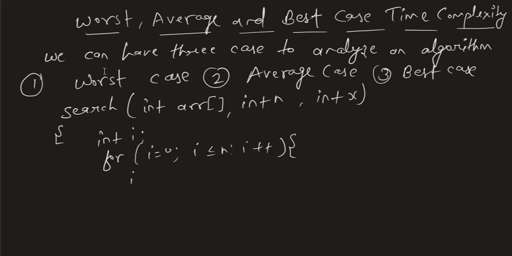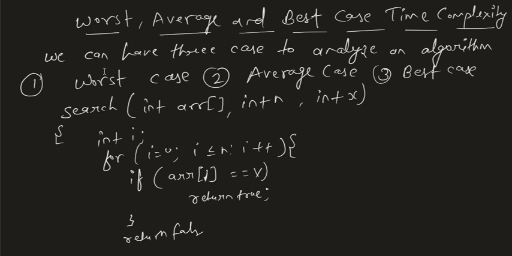So our loop is this: if array[i] equal to x, return true. Else return false. So this is the linear search algorithm, because here we are running our loop from 0 to n and taking a condition, and if array[i] equal to x, then return true.